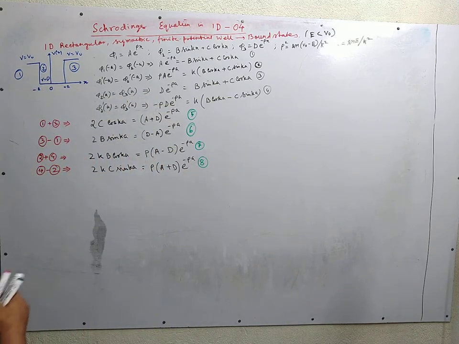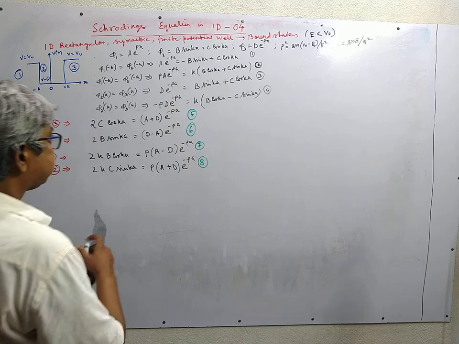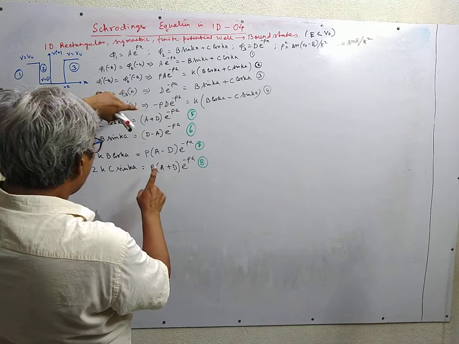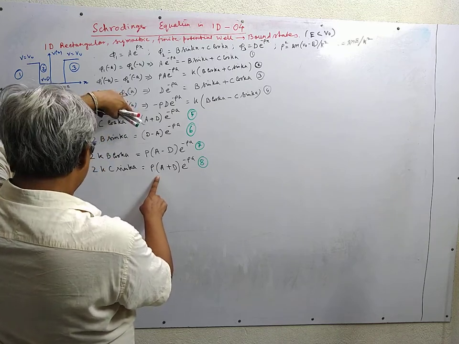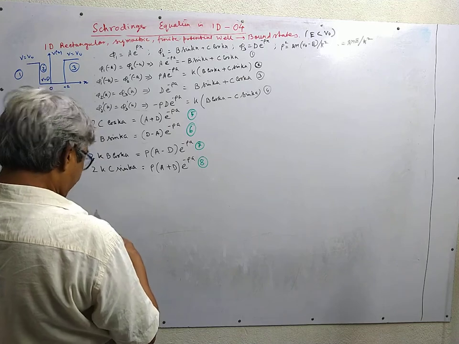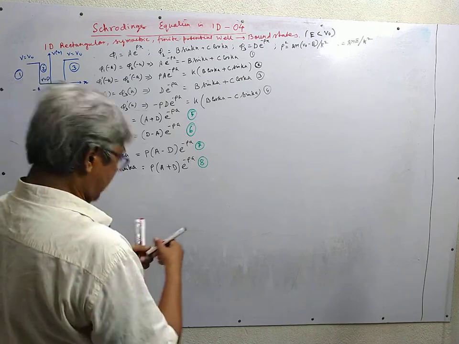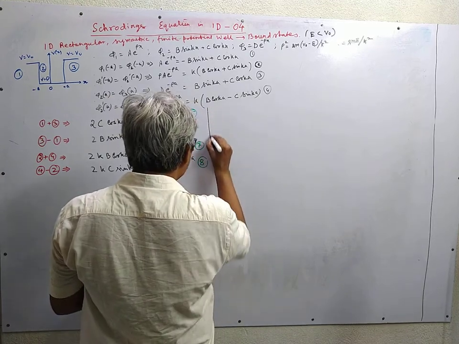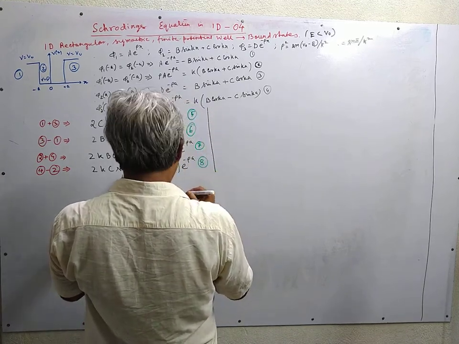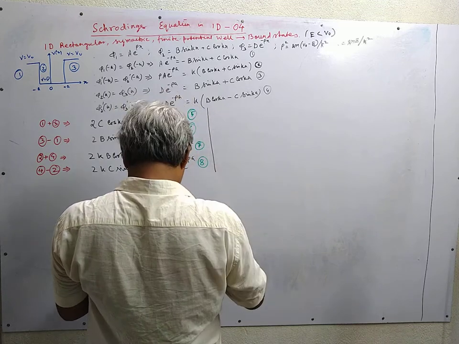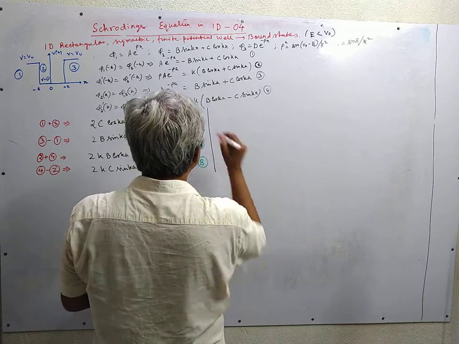We see that in 5 and 8, a plus d appears. So we divide 5 and 8.